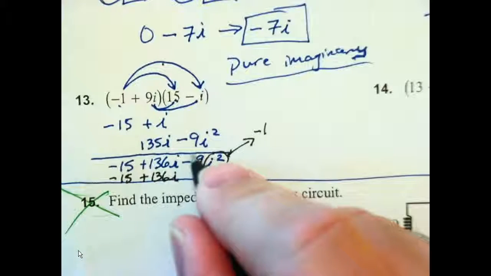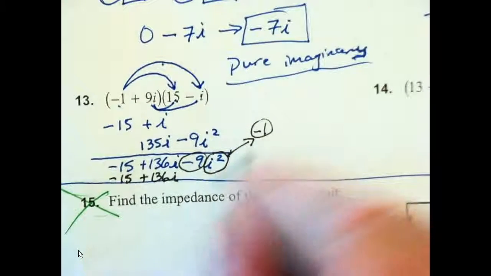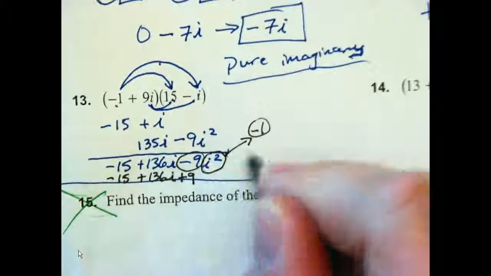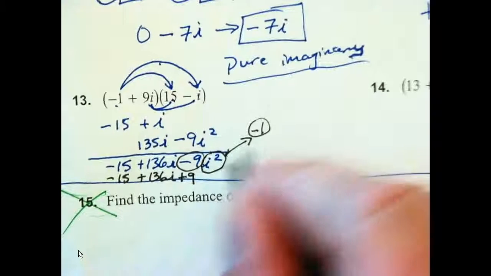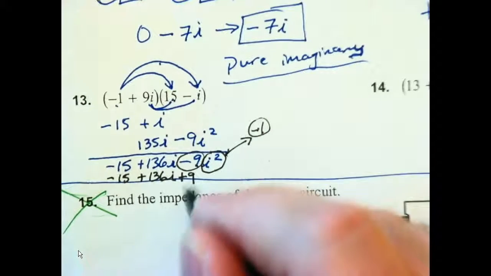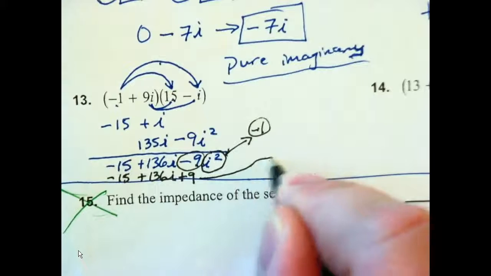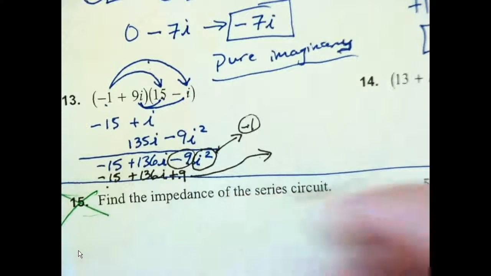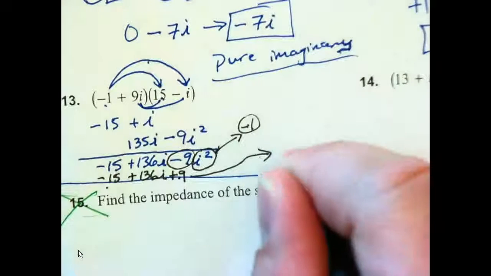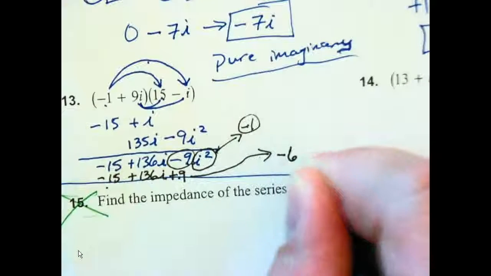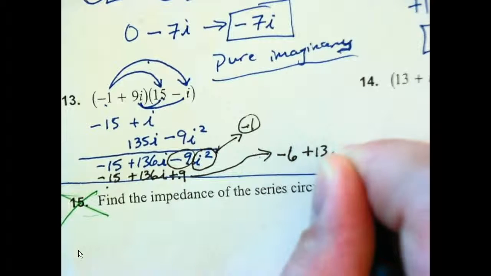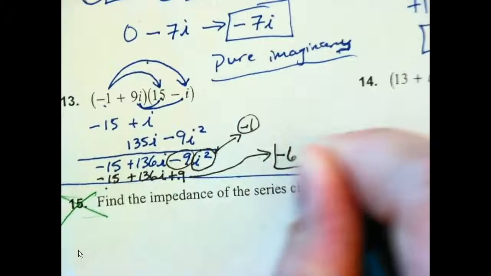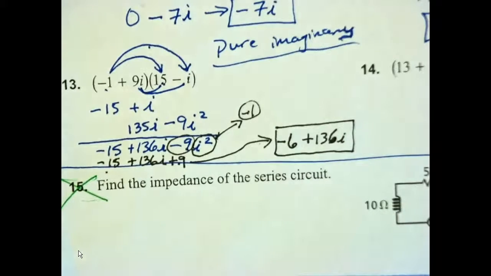And then I have -9 and -1, which makes +9. You're multiplying them, right? i squared is -1, so -9 times -1 is +9, which actually means this answer is -15 plus 9, which is -6, plus 136i. Common error, though, the -4 thing. Oh my gosh. I think that's the answer.